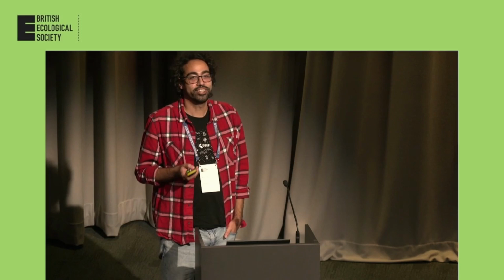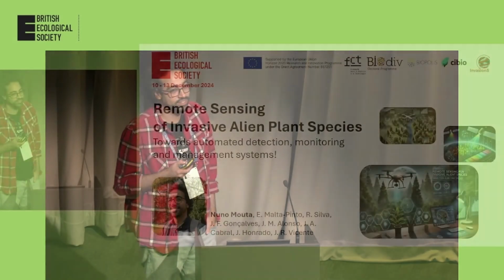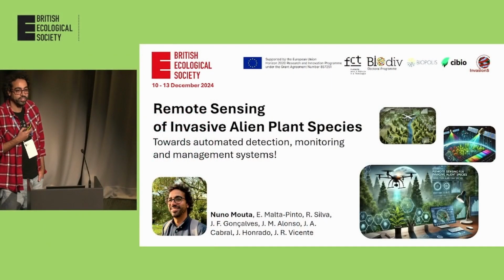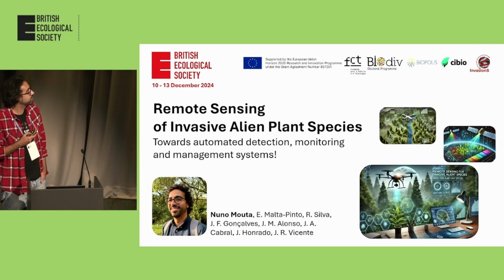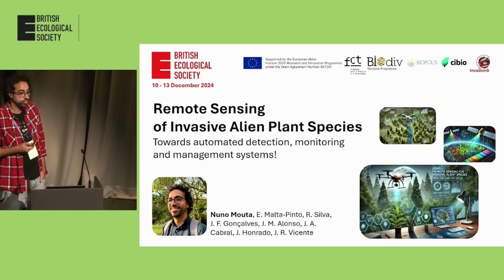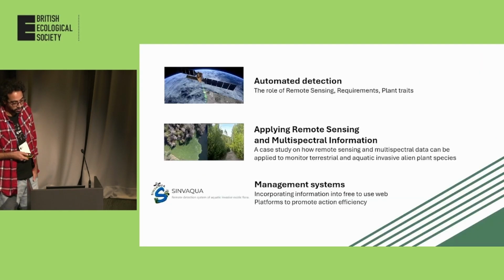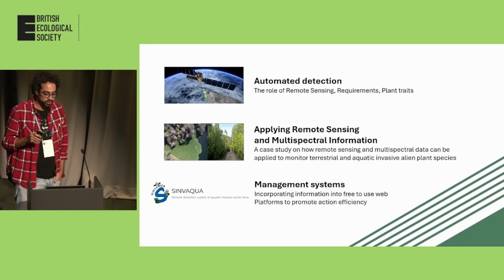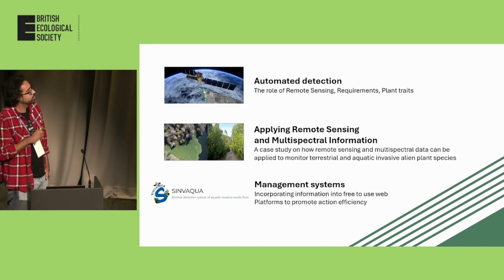So I'm here to talk a little bit about remote sensing and how it can be used to detect invasive alien plant species and create automatic detection systems that can help us manage our territories. In this talk, I will go briefly through remote sensing.